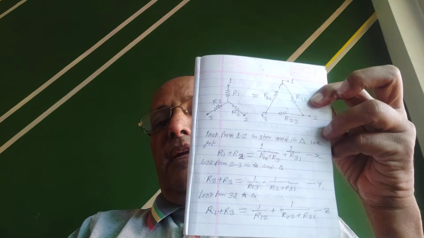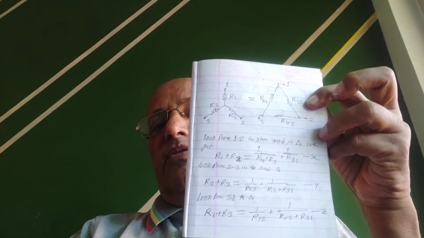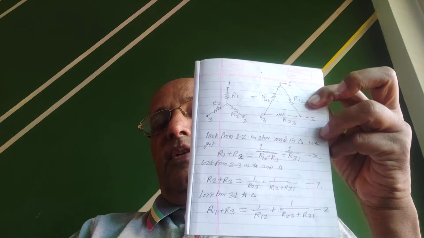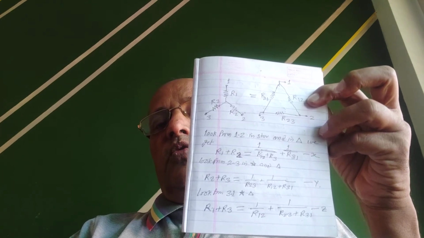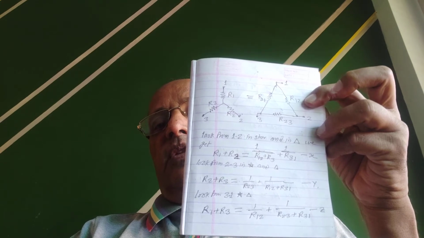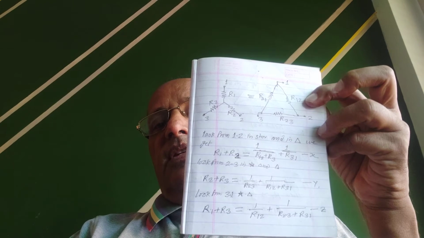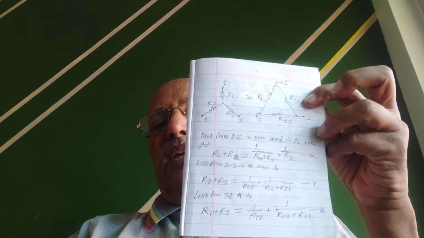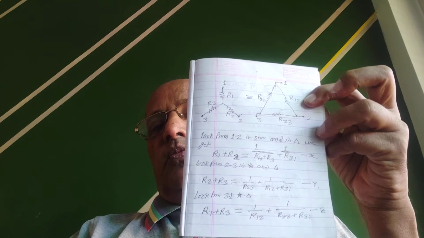And in the same case, if you look in delta between terminal 1 and 2, you see that these two resistances R23 and R31 are in series, and this series combination is in parallel with the resistance R12.